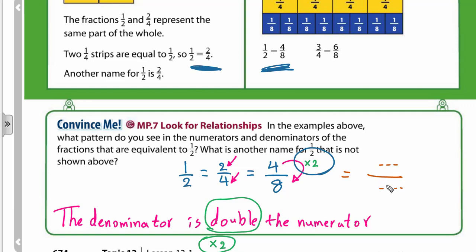What can I write? Another fraction that is equivalent to 1/2. 2/3? Oh, no, 2/4. But we have it already.